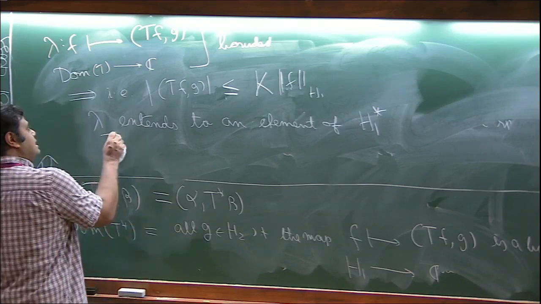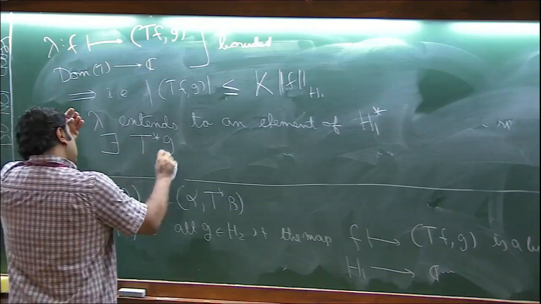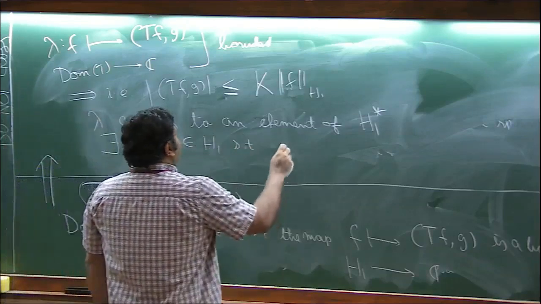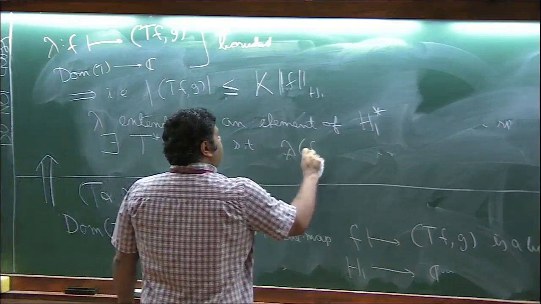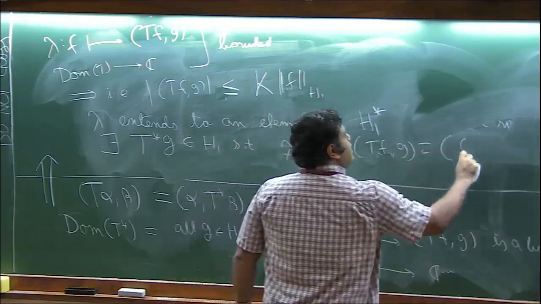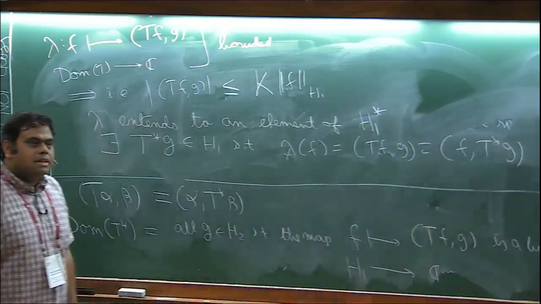So therefore, there exists some T star g in H1 such that this lambda of f, which is by definition (Tf, g), is the same as (f, T star g). Is that clear?